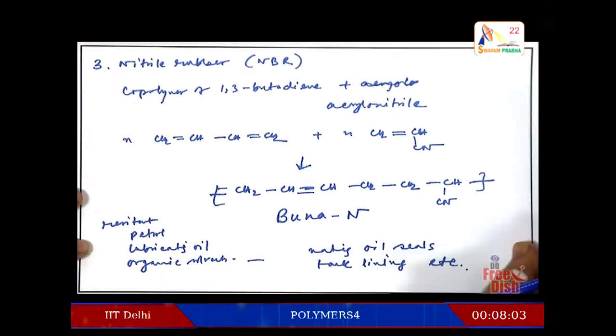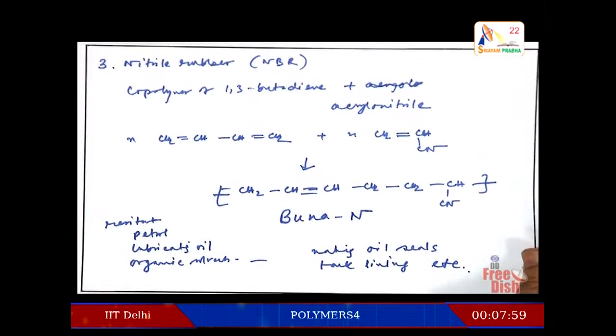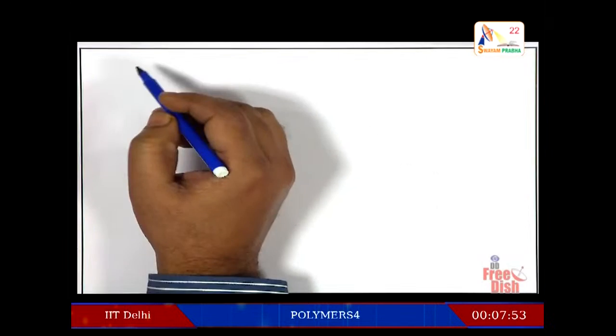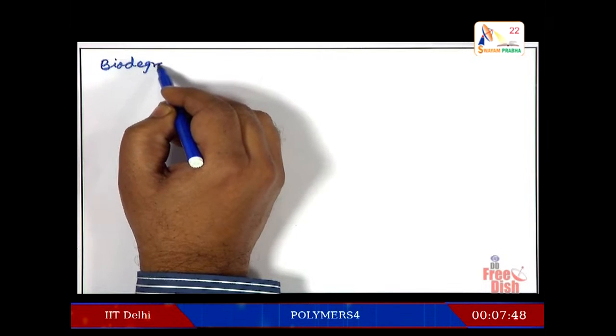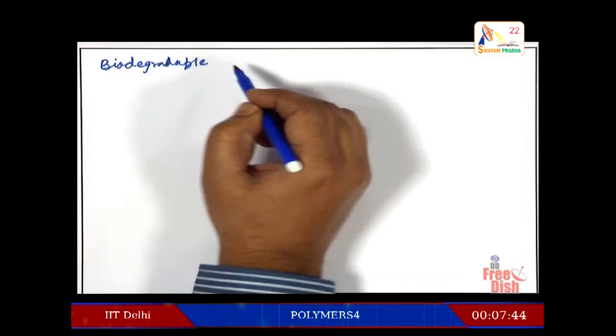So, we talked about natural rubbers and synthetic rubbers, and the last topic, which I will quickly go through in the next 5 minutes, is one important topic called biodegradable polymers.